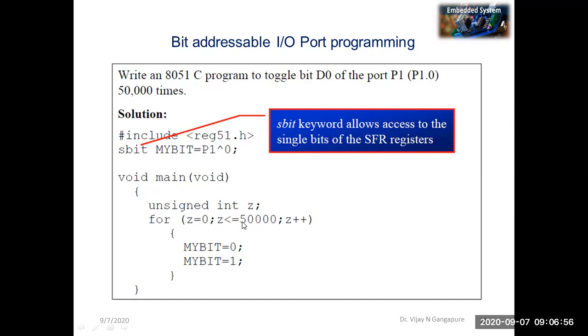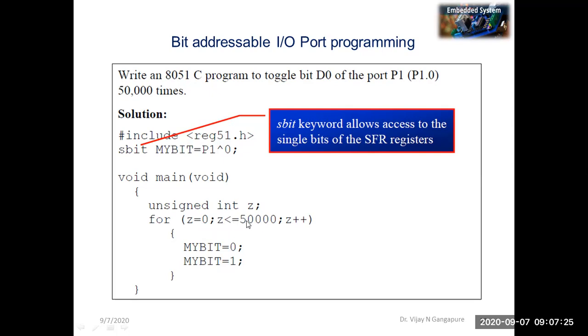This is expression 2, a relational expression that determines whether to continue this loop, that is, the condition for continuation of the loop. And expression 3, as usual, is the increment expression that will increment the z variable. Now when this for loop executes, first z will be initialized with value 0, then expression 2 will be evaluated.